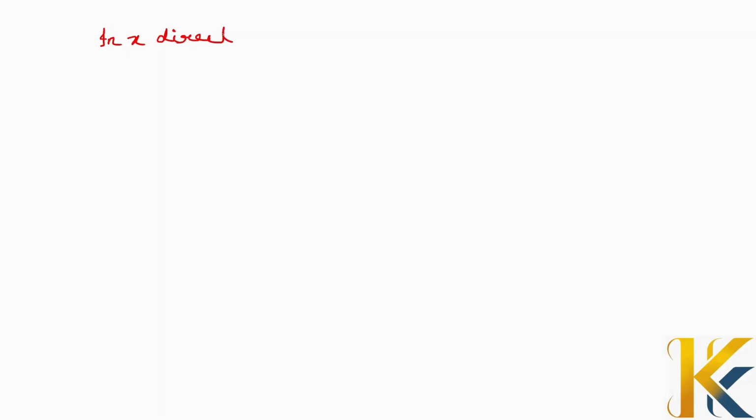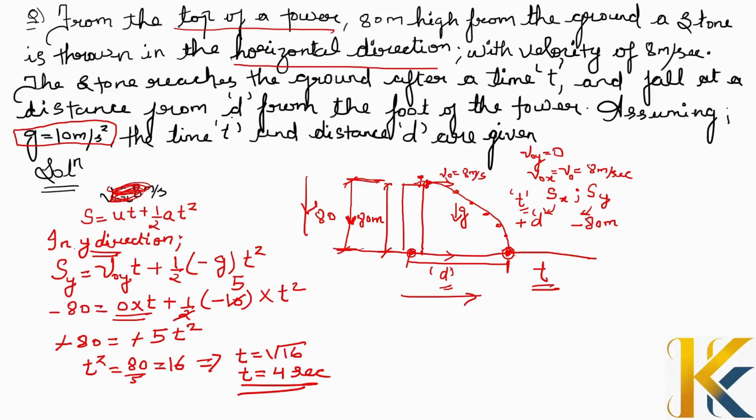For finding out d, that is the distance between the final position of the stone on the ground and the foot of the tower, I'll apply the kinematic equation in x direction. That is Sx is equal to v naught x t plus half ax t square.